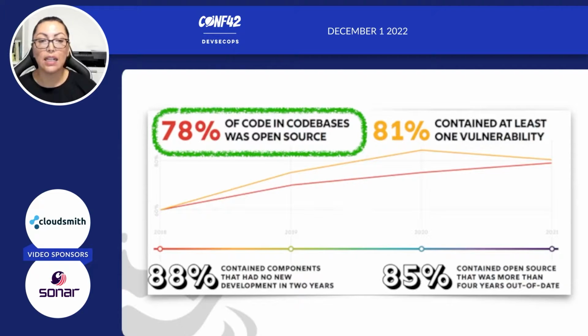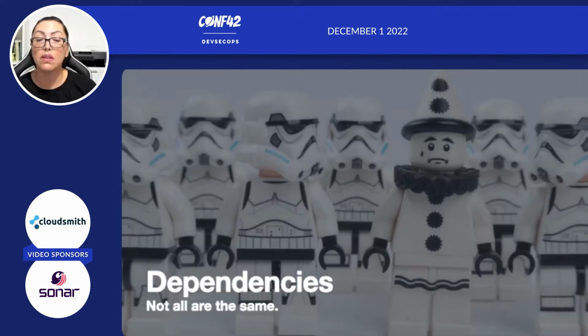And not only that, 85% contained open source that was more than 4 years out of date. So this is important. We have our code, and the artifacts that we're publishing out there are a combination of several other kinds of software, other dependencies.